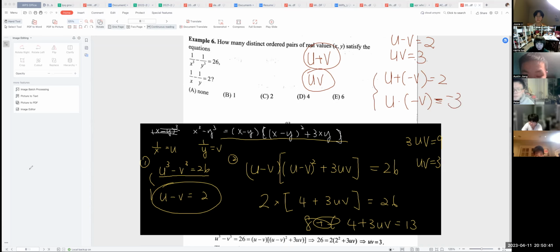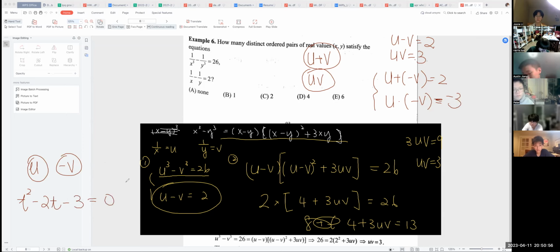I just make u one of the roots and negative v another root of the equation t squared minus 2t minus 3 equals 0, correct? Okay, so this one's easy. So this is t minus 3 times t plus 1 equals 0. So t1 equals 3 and t2 equals negative 1.